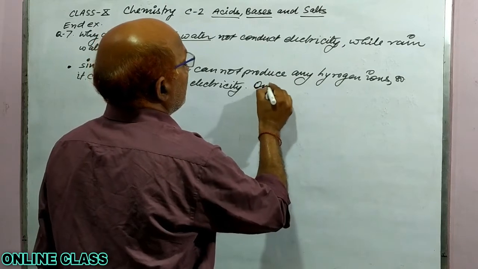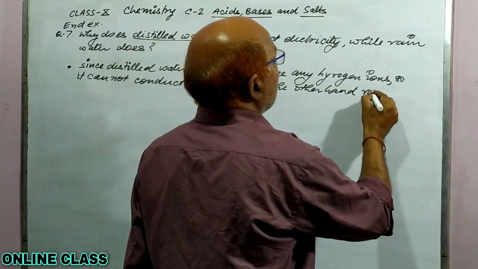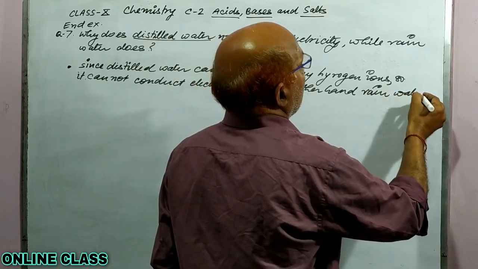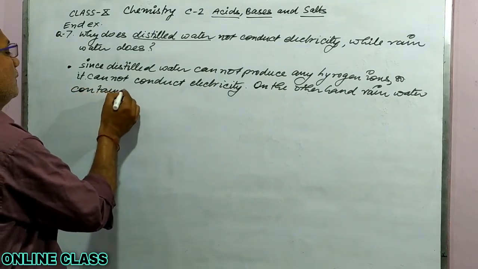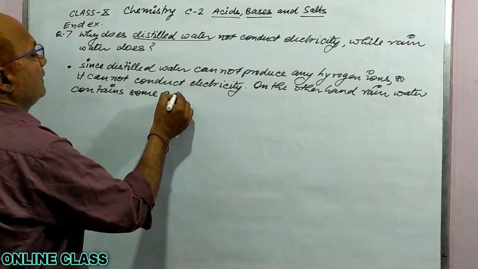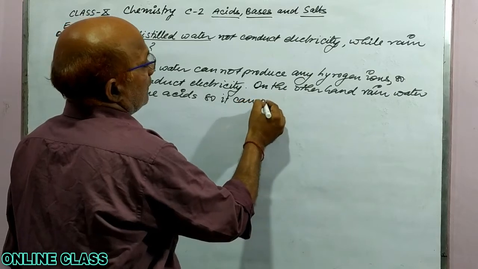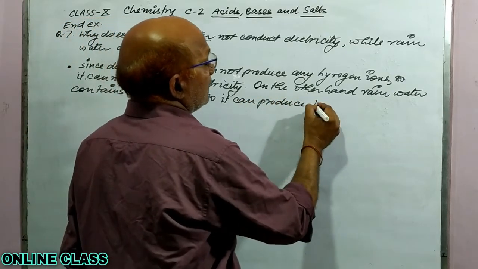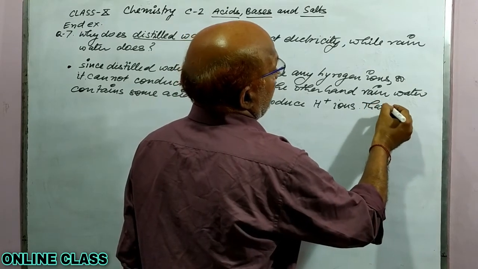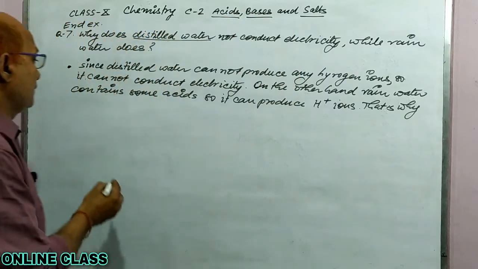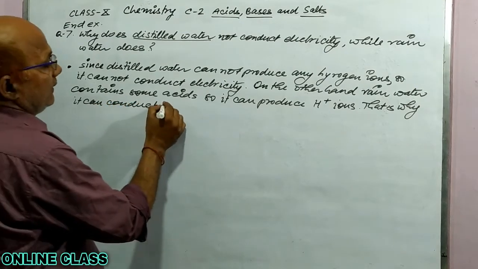On the other hand, rainwater contains some acids, so it can produce hydrogen ions. That's why it can conduct electricity.